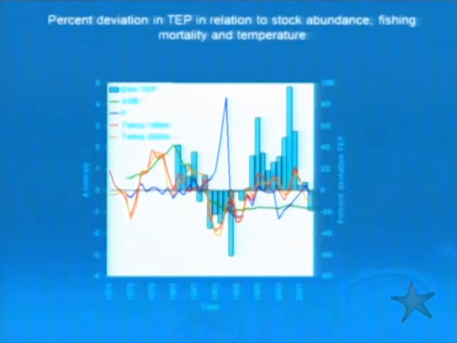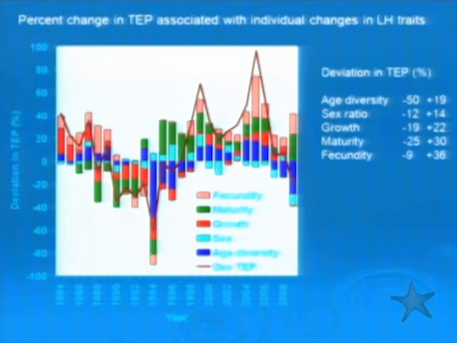If we look more closely at what is explaining the deviations in total egg production, by comparing the observed total egg production to the total egg production while keeping each parameter at its mean value over the time series, we can estimate, for example, the relative effect of age diversity, sex ratio, growth, maturity, and fecundity on those deviations.